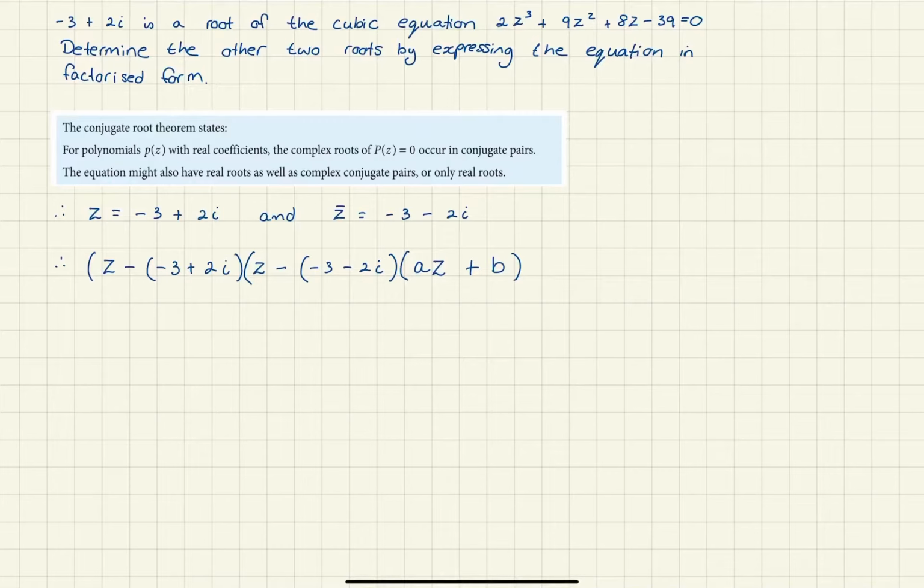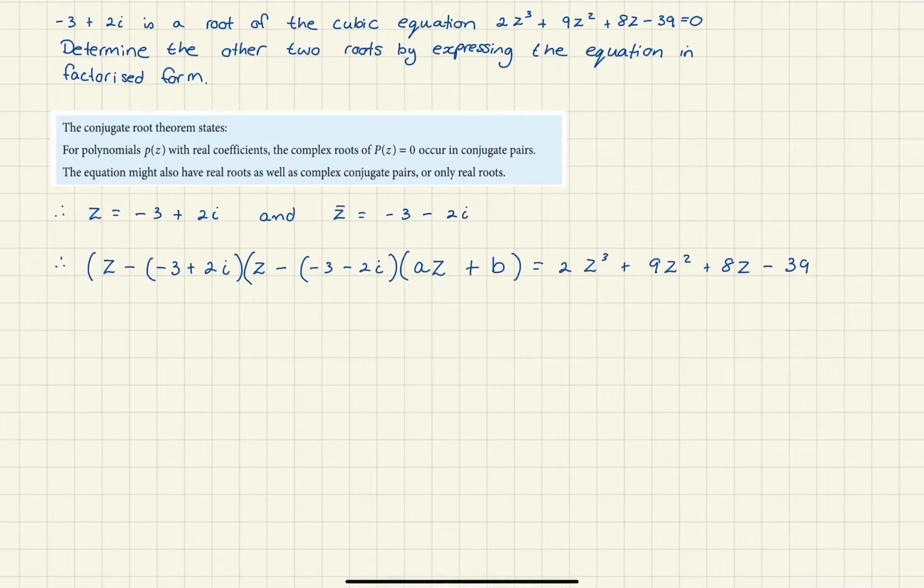What I also know is that this factor times the second factor times the third factor must equal my polynomial, which is 2z cubed plus 9z squared plus 8z minus 39.